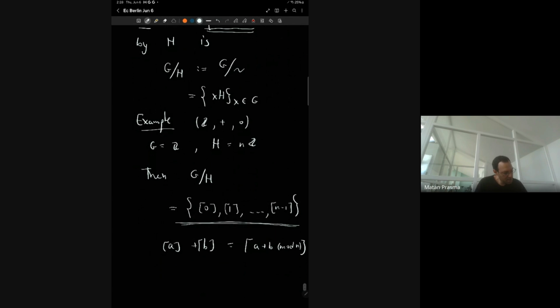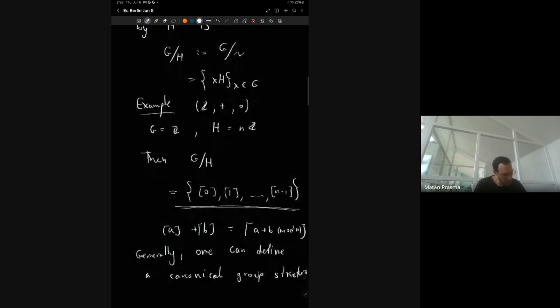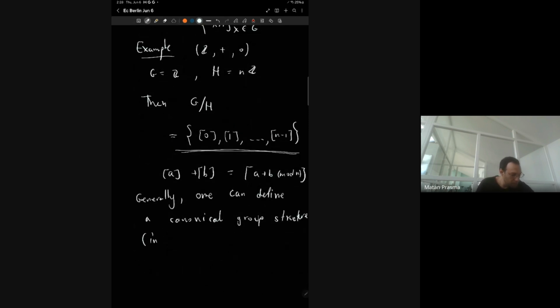Generally one can define a canonical group structure, canonical, I mean really induced from G and H, on the quotient set G modulo H, if H is abelian, or if G is abelian.